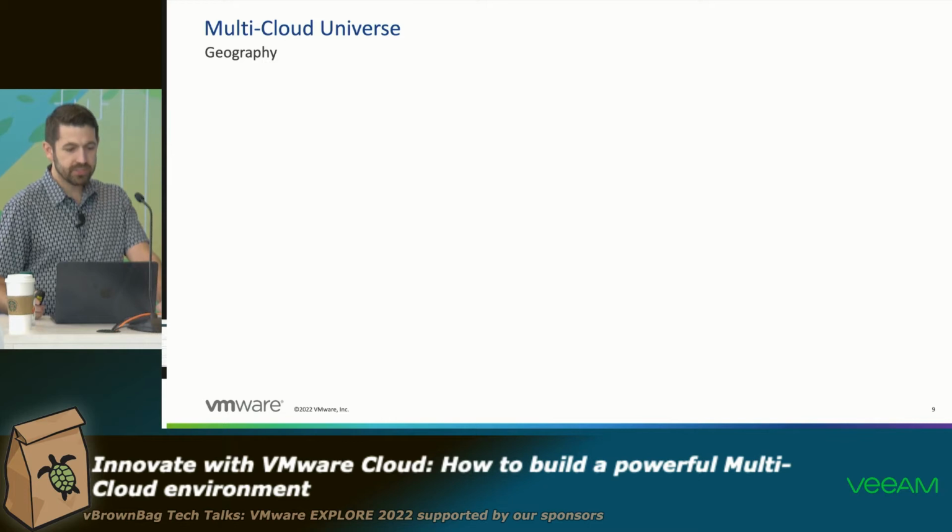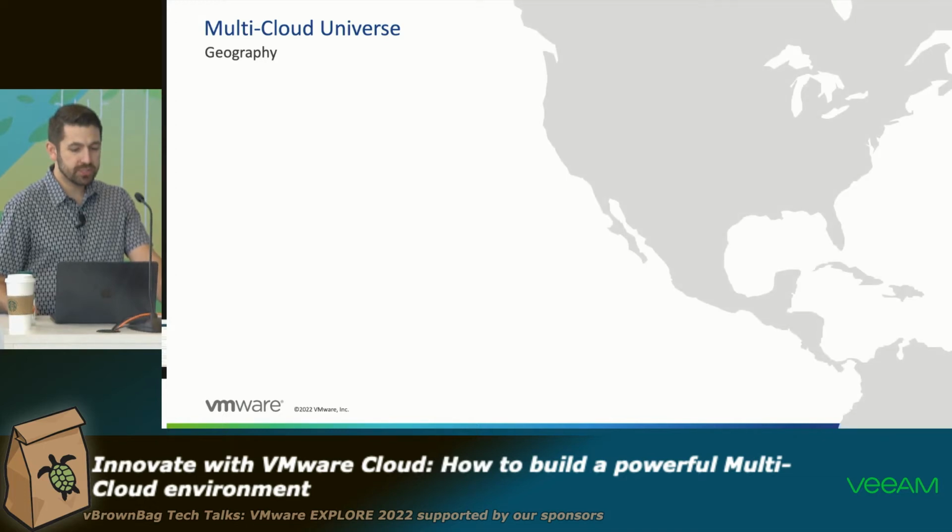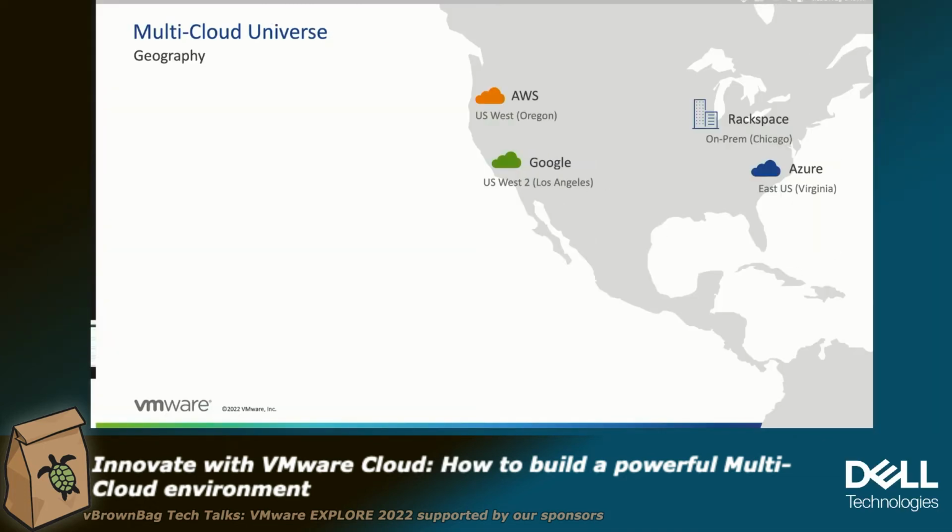All right, so this is going to be a demonstration of what we're going to do in the demo. Just to set the stage here, here's the location of all of our environments currently. We've got Rackspace in Chicago, Azure is in East US, and then AWS and Google are in West.